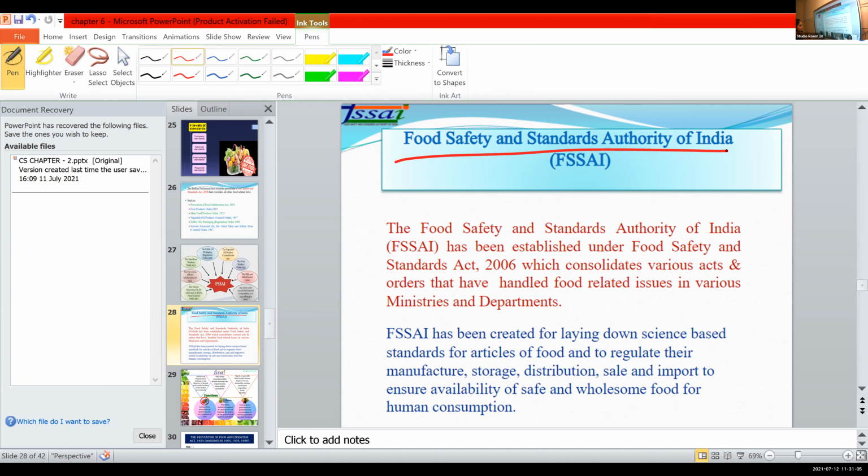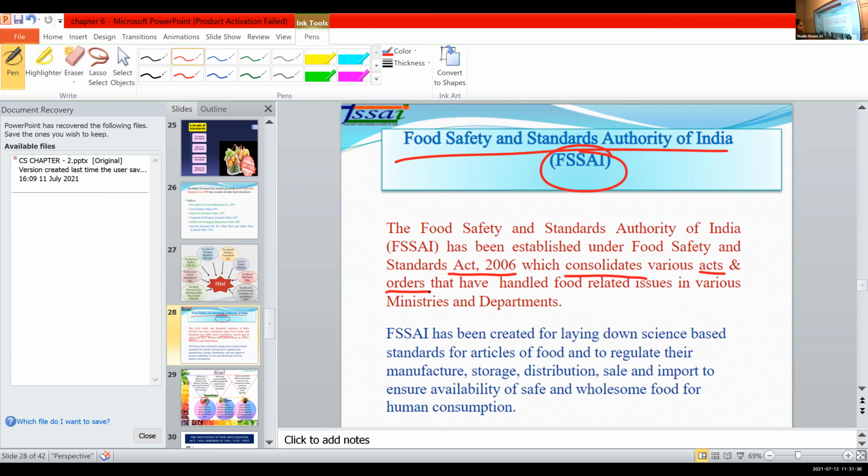It comes under an act of 2006, the Food Safety and Standards Act. According to this act of 2006, the FSSAI emerged. The main aim of this FSSAI is to consolidate all the acts and orders related to food and related issues in India.